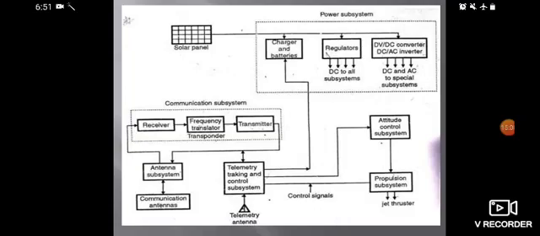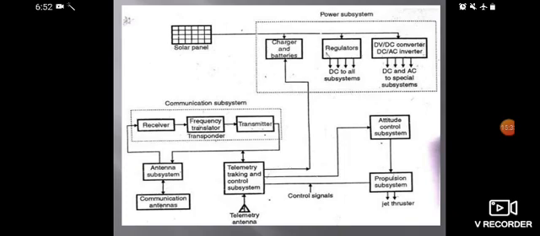And the next one is the antenna subsystem. All satellites have one or more antennas used for receiving signals from the ground station and transmitting the information back to Earth. So that is the main use. Whenever we have an antenna subsystem, we can have a single antenna or a number of antennas. All of this comes under the antenna subsystem.